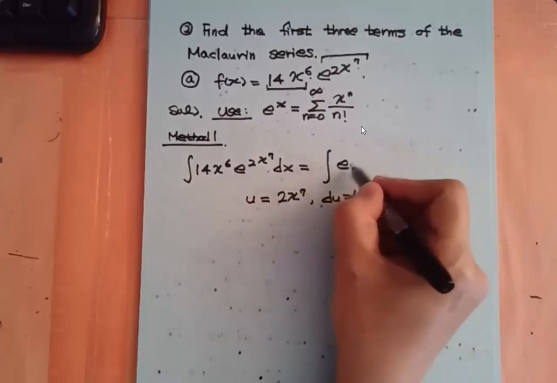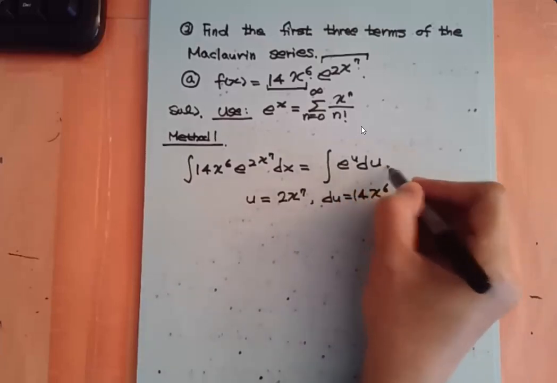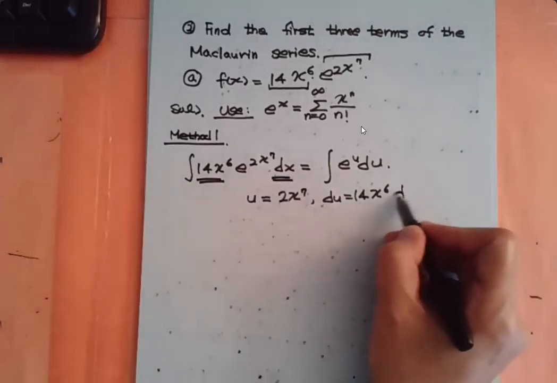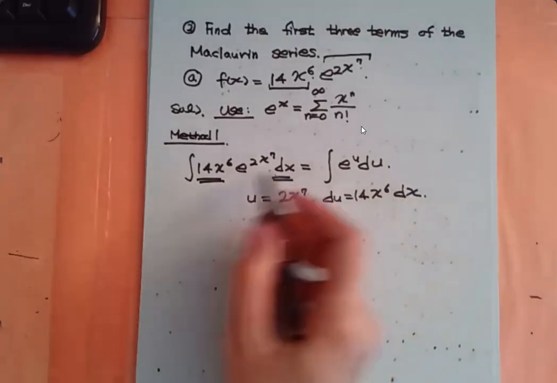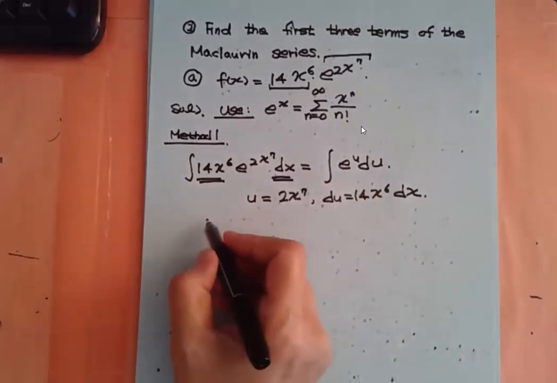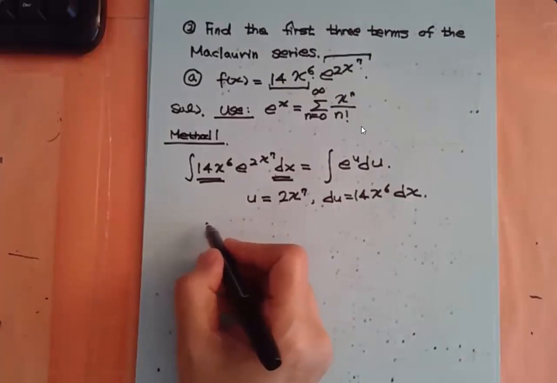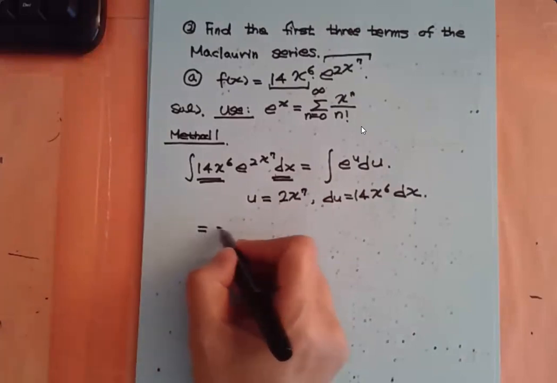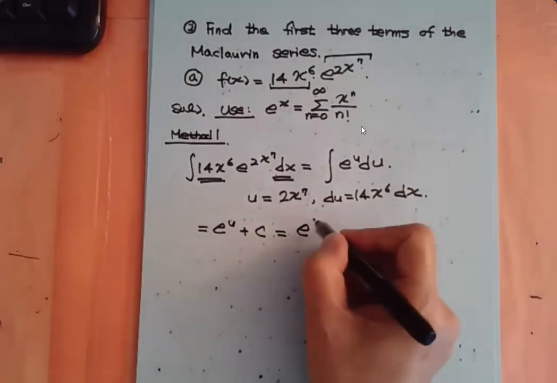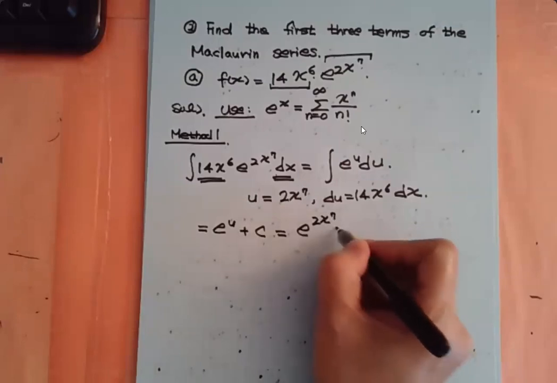And so we have the integral of e^u du, right? This part is du, and this part is e^u. So what can you say about this? It is e^u plus C, which equals e^(2x^7) plus C.